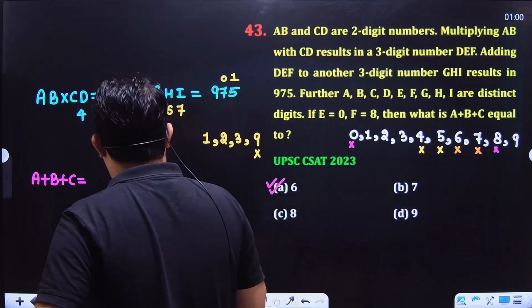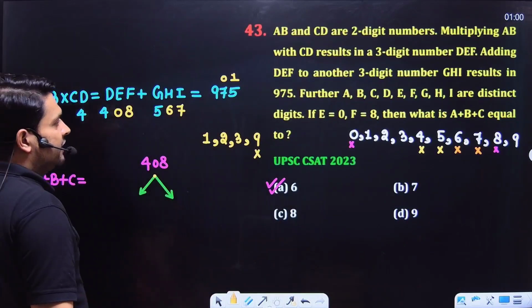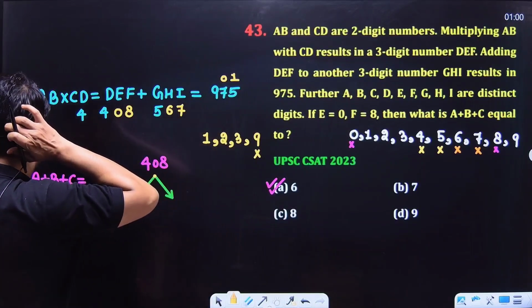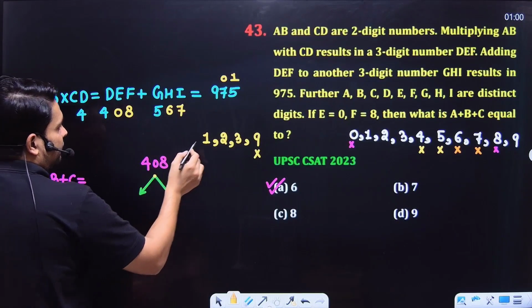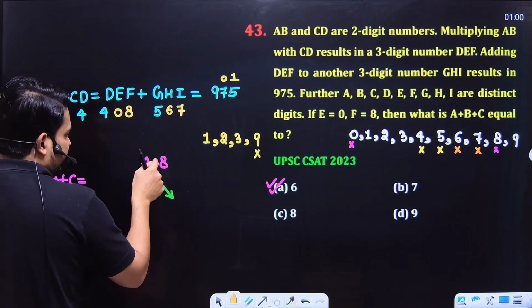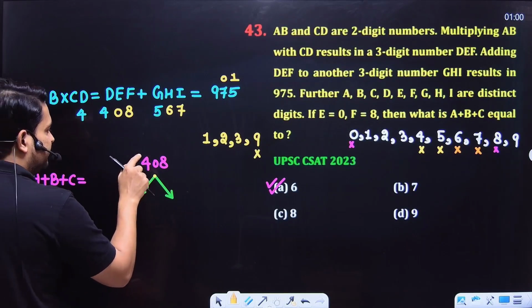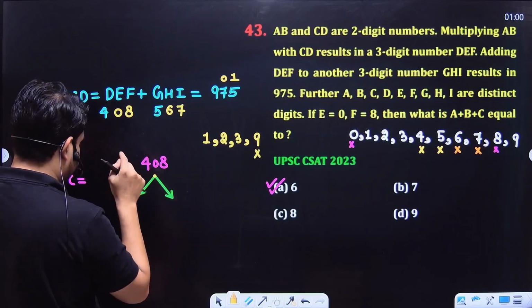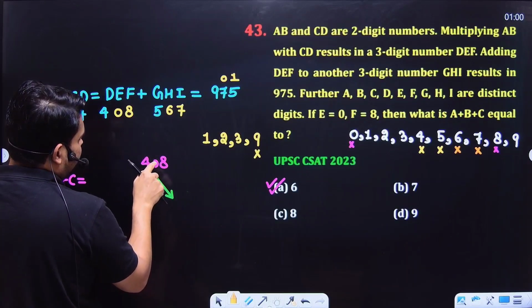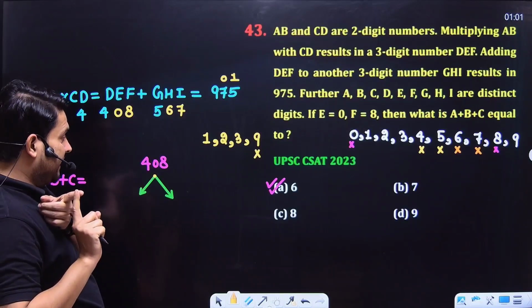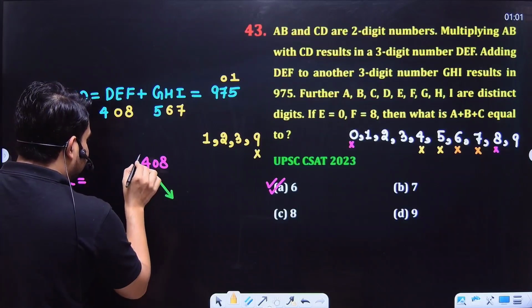But if he asks for particular or unique values of A, B, C, then what will you do? See, we will factorize it. We can take 1, 2, 3. See, 8 plus 4 is 12, so this number is divisible by 3. This number is divisible by 4 and 3, so it is also divisible by 12.